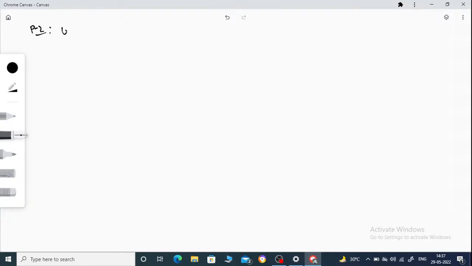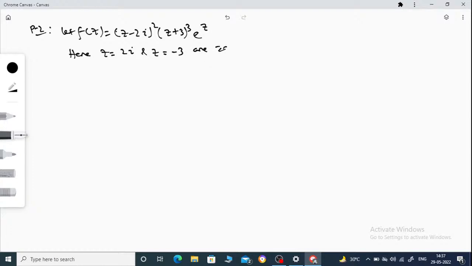If I take my f of z as (z minus 2i) whole square into (z plus 3) whole cube into e to the power z, then you can say here z equal to 2i and z equal to minus 3 are zeros of order 2 and 3 respectively.